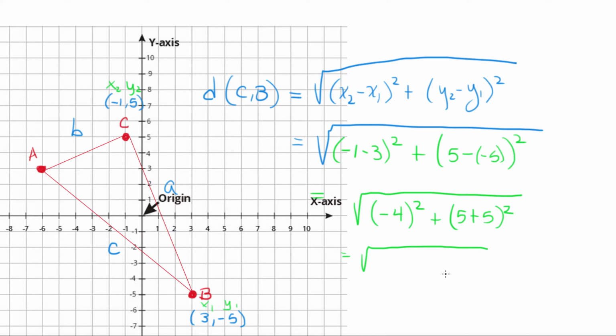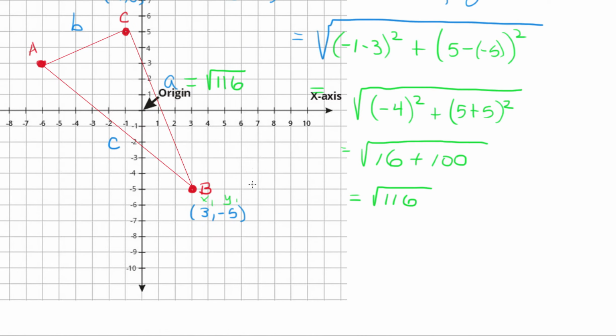It's negative 4 times negative 4. Now 5 plus 5 is 10, and 10 squared is 100. So 16 plus 100 is 116. So the distance between capital C and capital B is square root of 116.